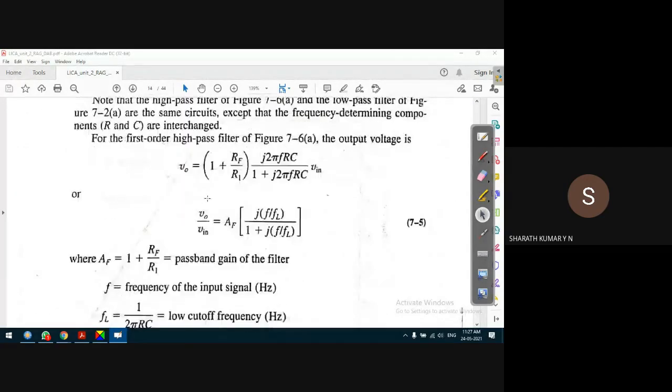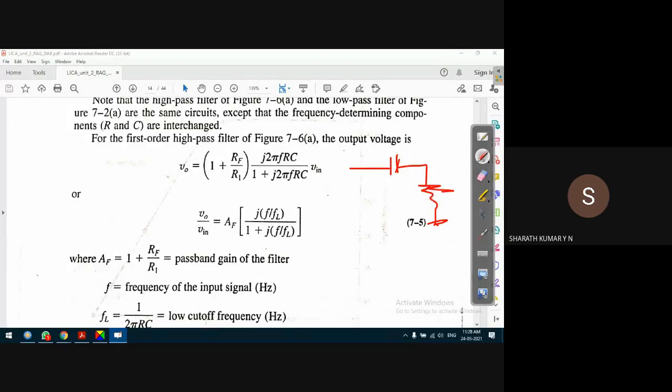Okay, so the output voltage V naught is 1 plus... What is the gain of the amplifier? It is 1 plus RF by R1, because it is a non-inverting amplifier. From the combination of resistor and capacitor, there is the capacitor first, and then comes the resistor.